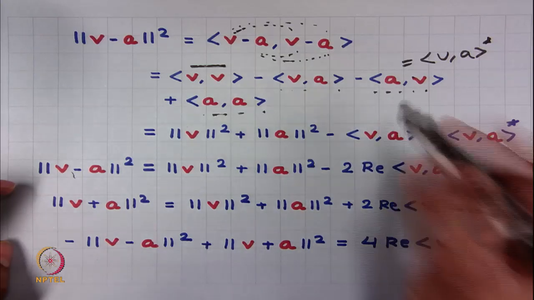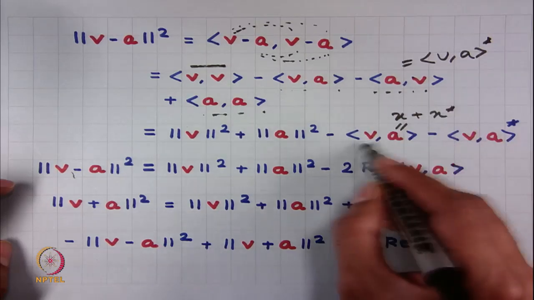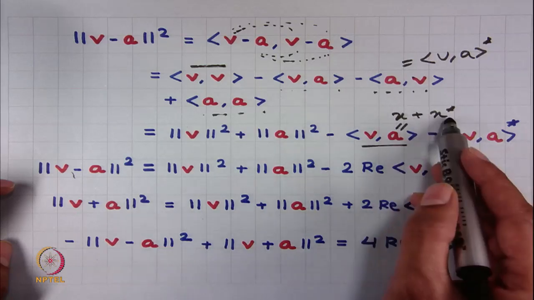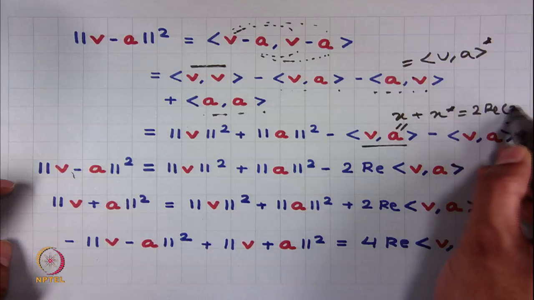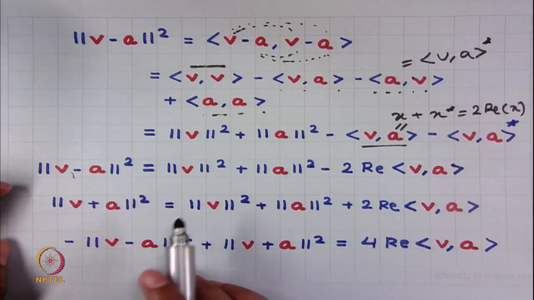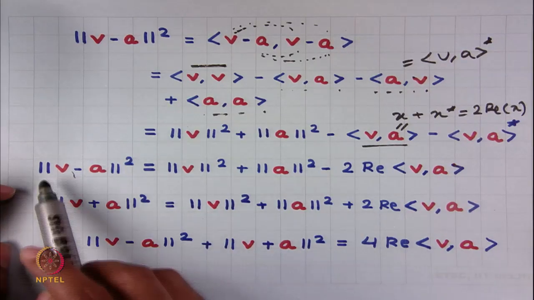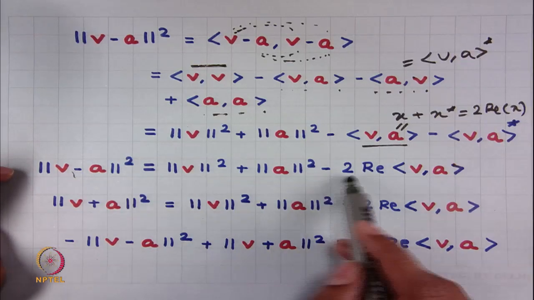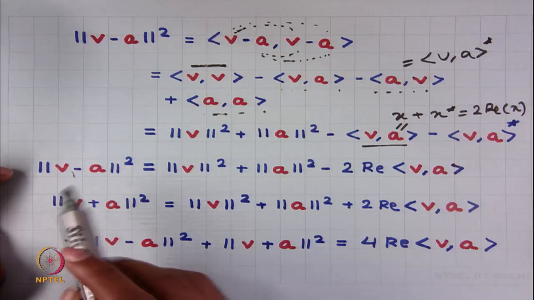You know that if you add x to x conjugate, and let us assume that this is x, this is x conjugate, then we simply get 2 times real part of x, and this is what is happening in here. So, this is an important identity which you should remember, that norm square of v minus a is simply norm square of v plus norm square of a minus 2 times real part of inner product of v with a.